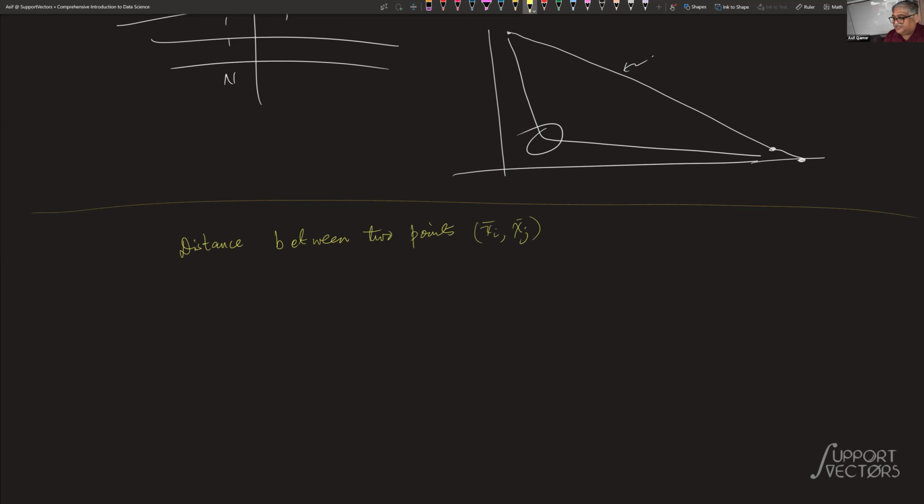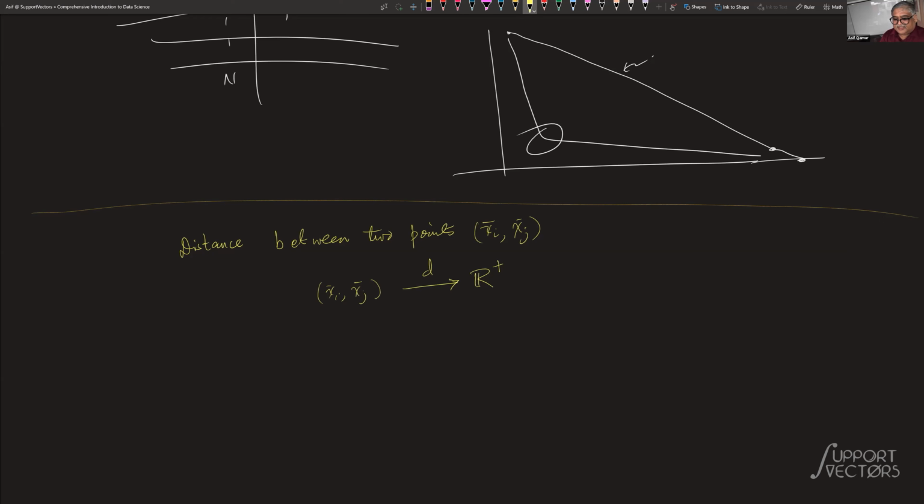It is a function. Distance is a function that maps the pair of points Xi, Xj, and I'm deliberately starting from a more abstract place, to a real number. Are we together? And real plus, actually.